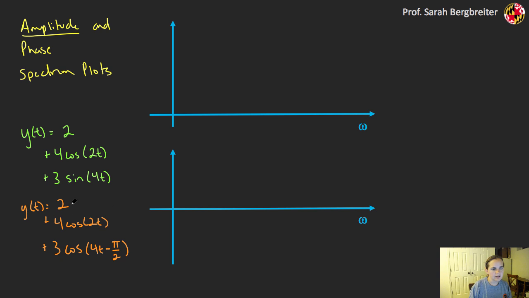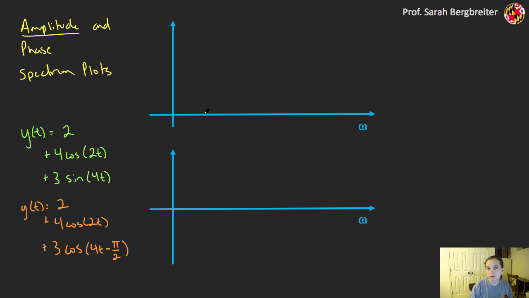Okay, and I can take these values, these amplitudes, these C coefficients, and these phase coefficients, and plot them on an amplitude spectrum plot and a phase spectrum plot. So let's start with amplitude. On a spectrum plot, we're plotting frequencies. It's a little confusing to go from what you're used to plotting against time to now plotting against frequency.